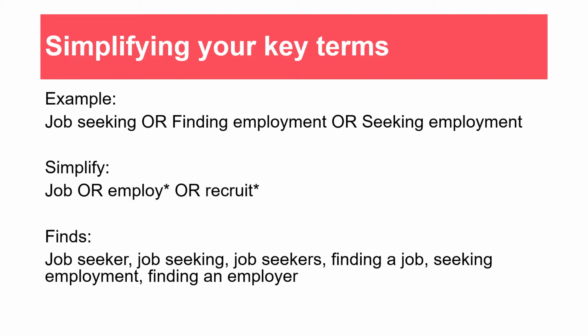So adding in the term recruit, but using the asterisk symbol, so you get recruit, recruiter, or recruitment. And all of these simplifications on the search line will generate more results because the truncation marks will be finding different variations of word endings, and something as simple as job will find any search line where the researchers have specified someone seeking a job in different ways.